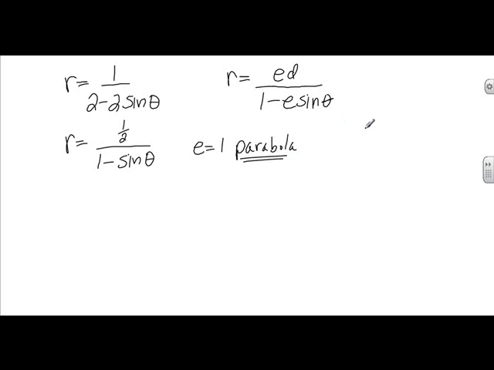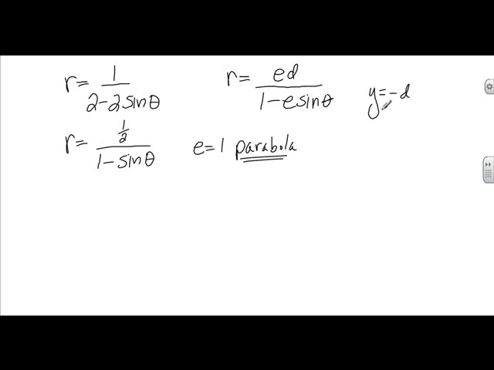The directrix is going to be the line y equals negative d. So once we figure out what d is, then we'll know where the directrix is and we can go from there. Because of the minus, we know that the equation for the directrix is y equals negative d.